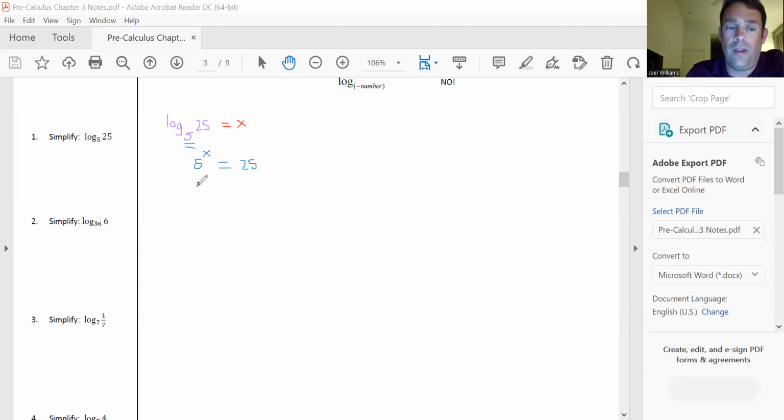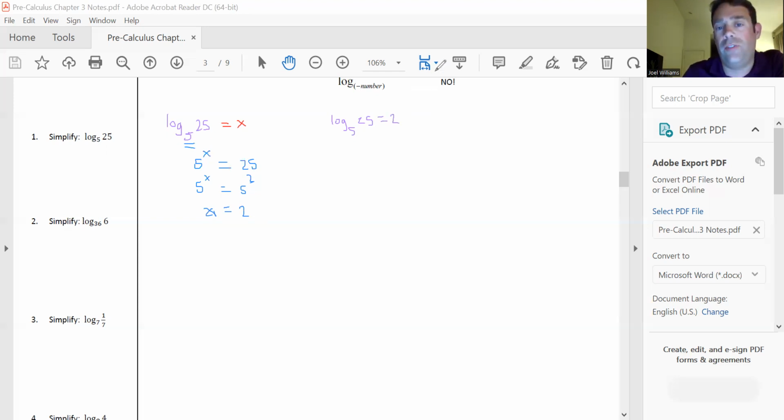So 5 to the x equals 5 squared. X equals 2. So that means log base 5 of 25 would be equal to 2.